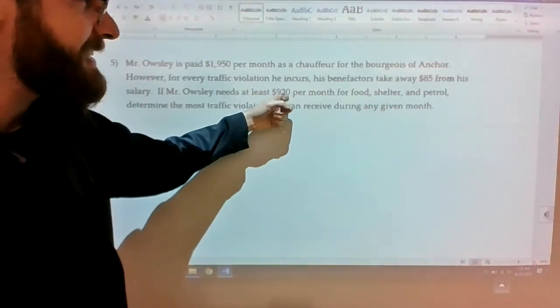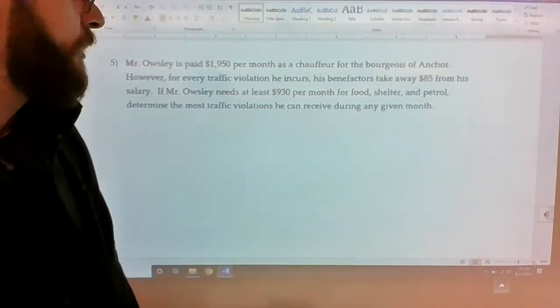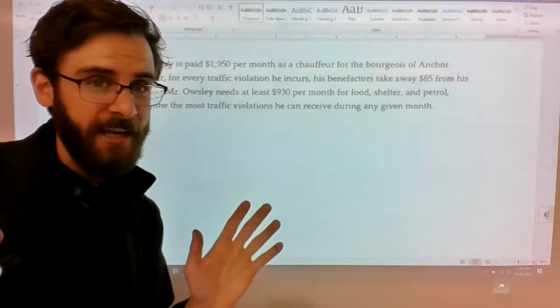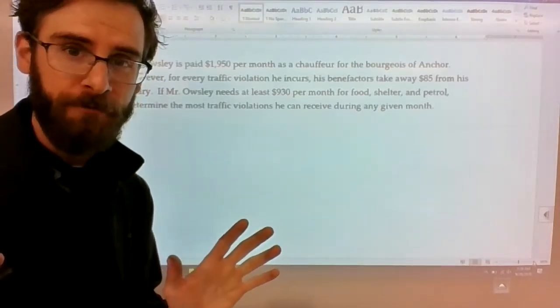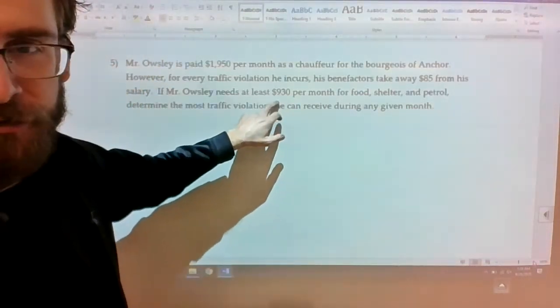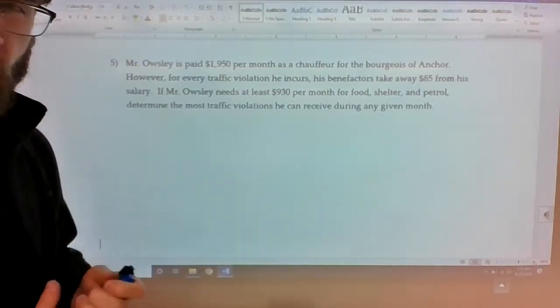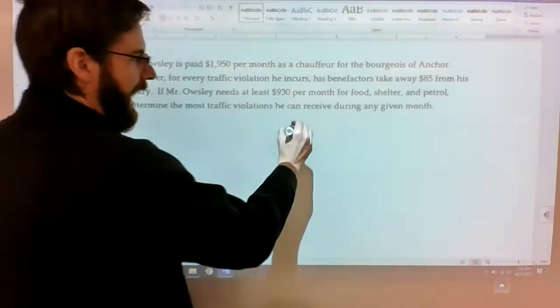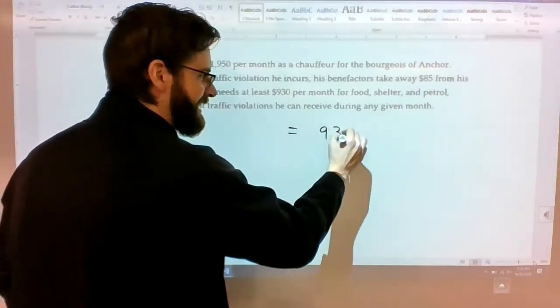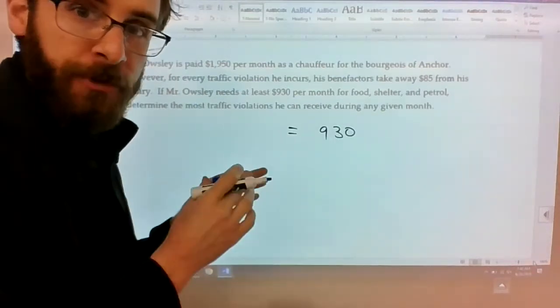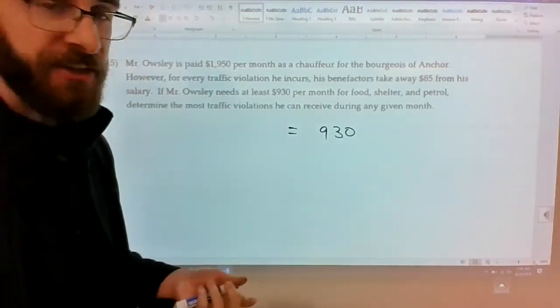Now, I need at least $930 to survive, so this isn't just a weird problem as figuring out how many traffic violations can I incur every single month before I drop below the $930 line. So this is different because what I'm doing now is I'm saying, I need to equal at least $930. Again, I'm just going for the equal sign at this point. I'm not going to deal with greater than or less than signs at this point.